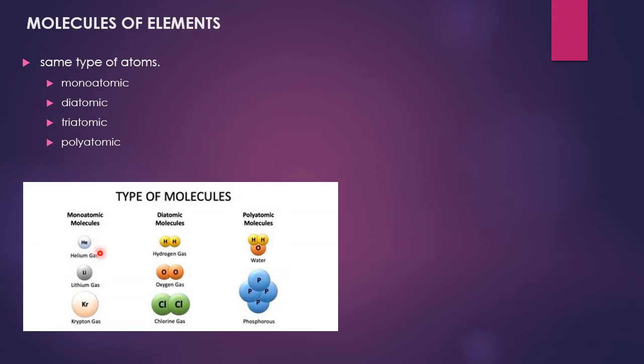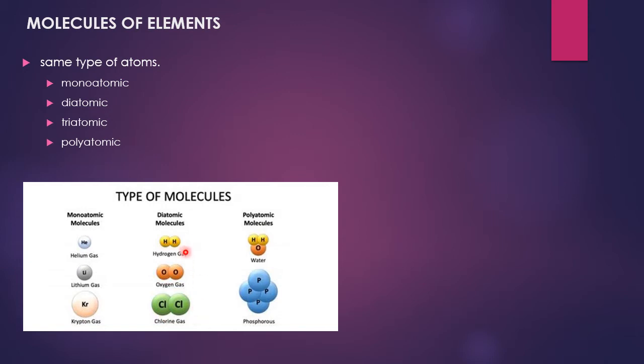This can be understood by the example given over here. These are monoatomic molecules: helium, lithium, and krypton. The molecule of these substances is made up of only one atom. That is why they are monoatomic. And here you can see the molecule of hydrogen, molecule of oxygen, molecule of chlorine.